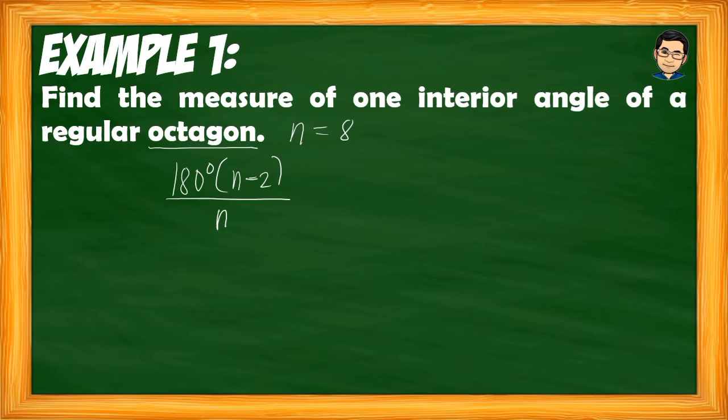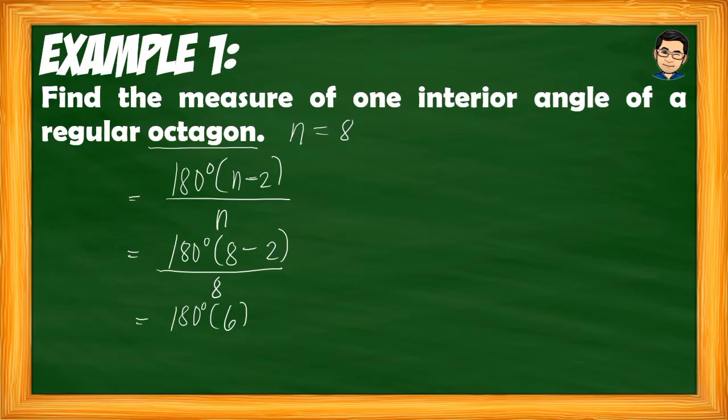We will now substitute n. So 180 degrees times 8 minus 2 all over 8. 180 degrees times the quantity of 8 minus 2 is 6 all over 8.